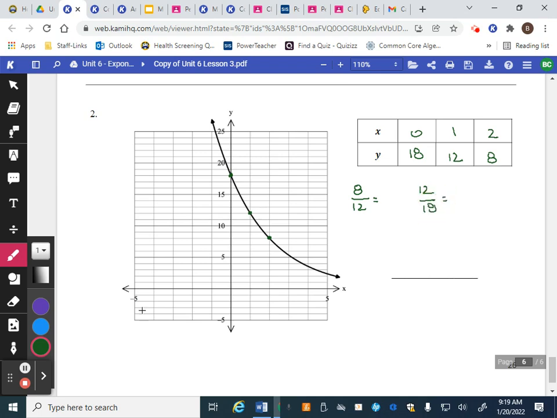And 8 over 12, 12 over 18, they both are going to equal 2/3. With the y-intercept being 18, this equation should be y equals 18 times 2/3 to the x.